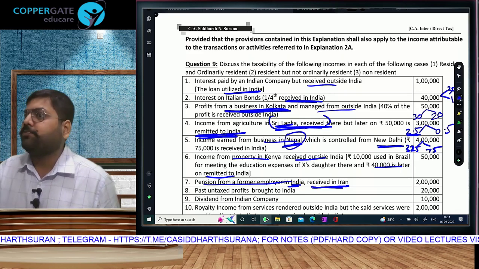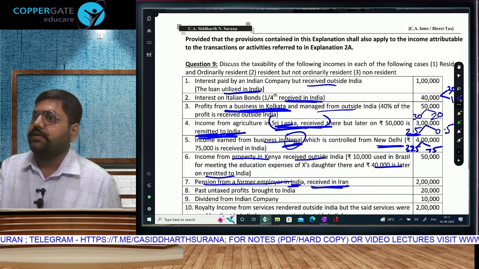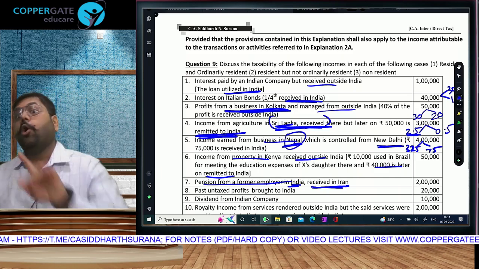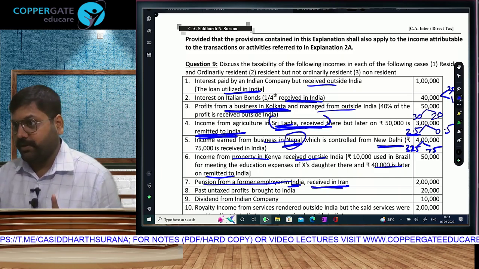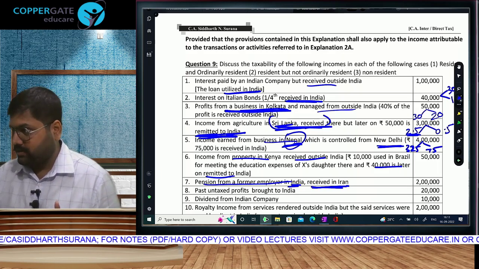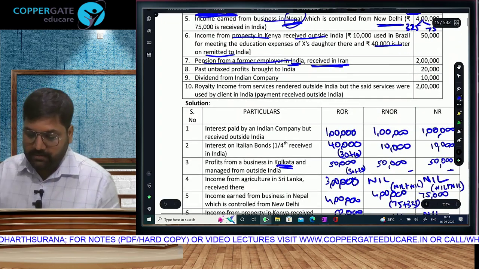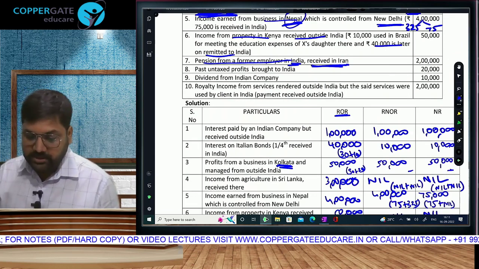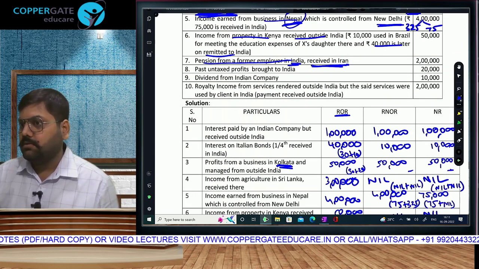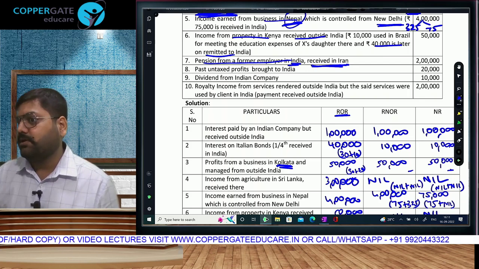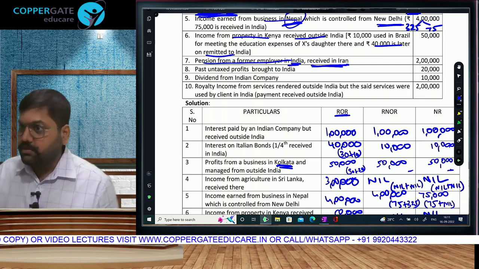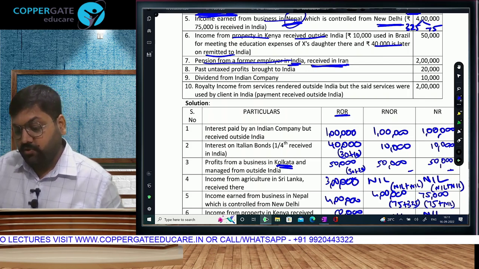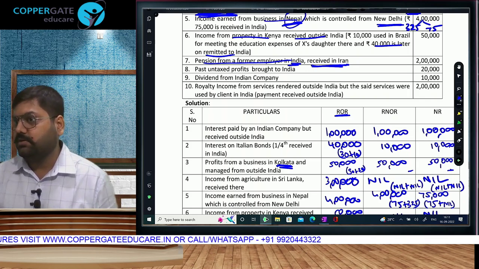Past untaxed profit ke liye, you will see residential status of which year, of which the income belongs to or pertains to. Correct? Today, if you earn any income, you are ROR, you have to pay tax. But this was earned in the past. Now I have an important question. Is it possible that in that year, your residential status was different from your residential status today?